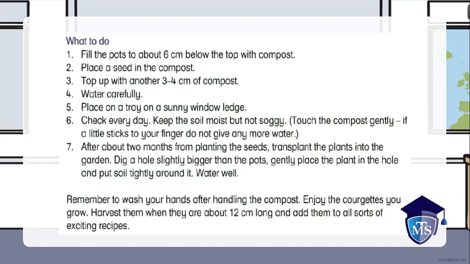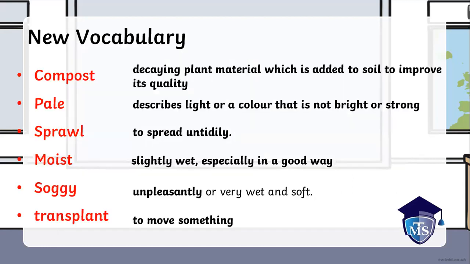And I find a lot of adverbs that modify the instructions to make them clear, like water well, hold slightly, gently. Okay. Remember to wash your hands. This is the top tip. And the new vocabulary of this text: compost, decaying plant material which is added to soil to improve its quality.